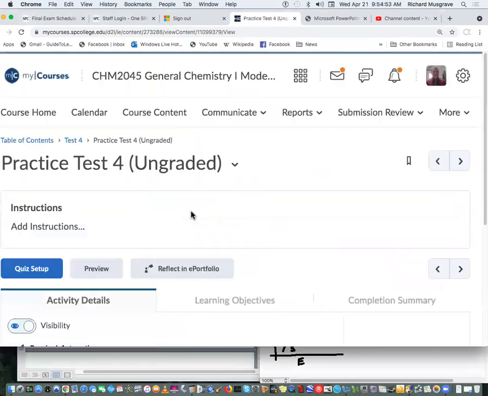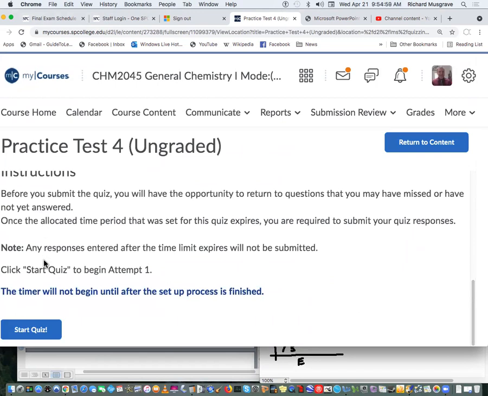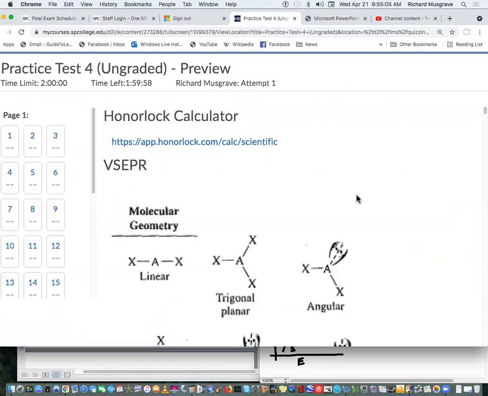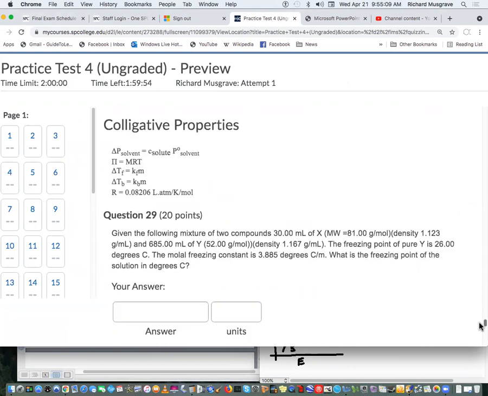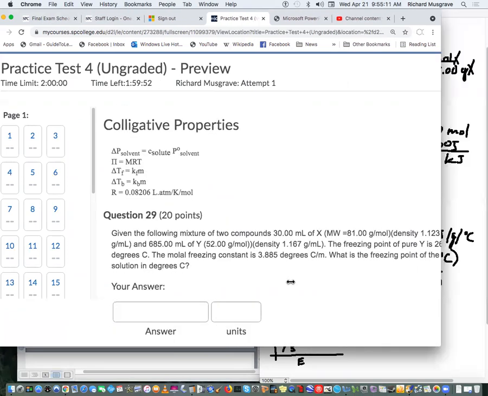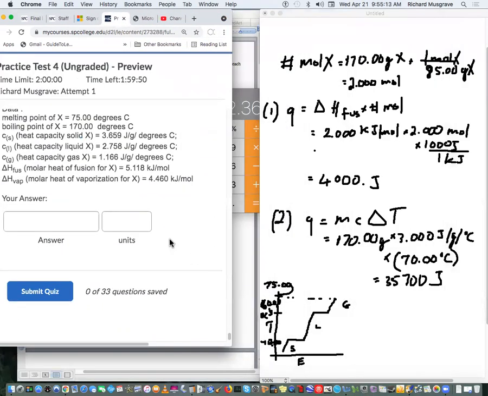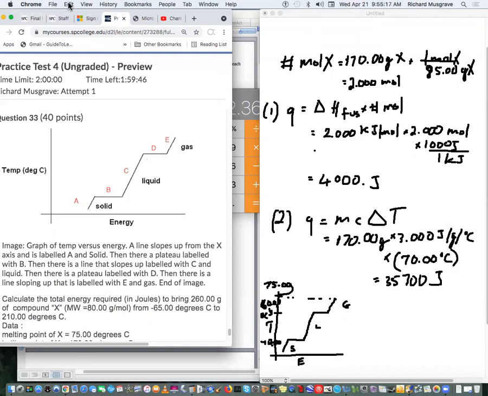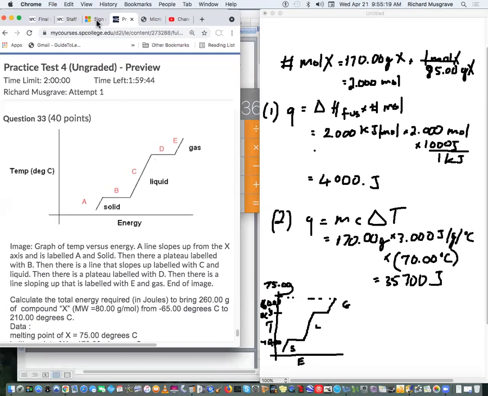Let's take a look at what this problem looks like on the test. And there it is there. This is question 33 on the test.